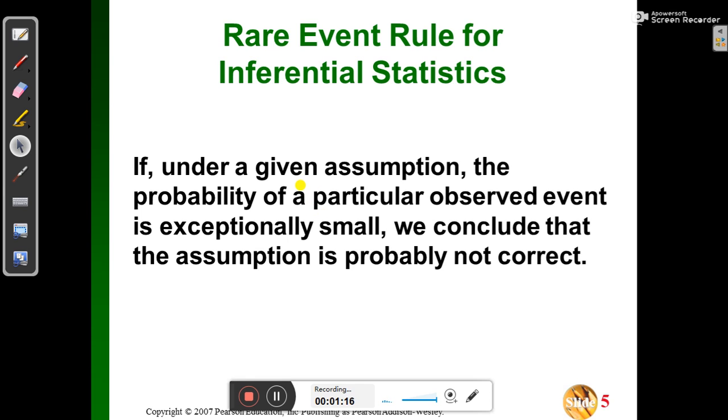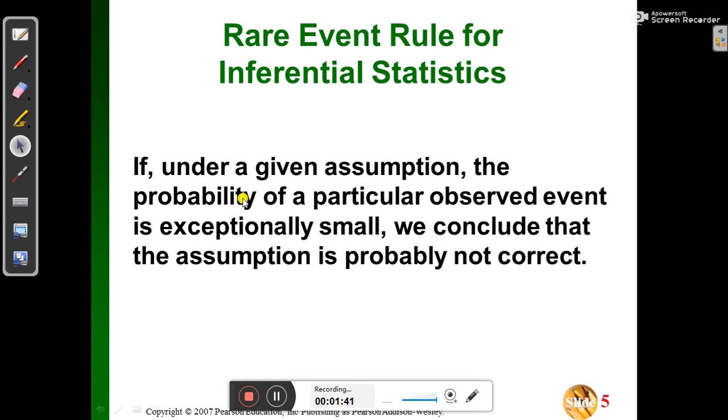If under a given assumption the probability of a particular observed event is exceptionally small, we conclude that the assumption is probably not correct. Try to understand this. That is very important in the case of significance.